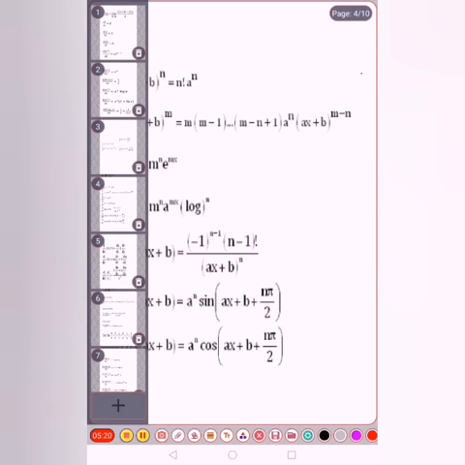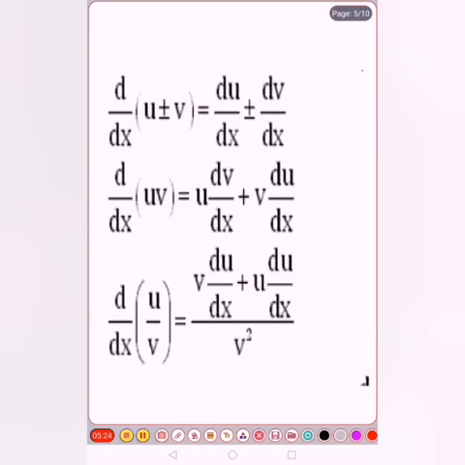We will discuss first the u plus v, u v and u by v rules. Differentiation of u plus or minus v is differentiation of u plus or minus differentiation of v. If u minus v, it is differentiation of u minus differentiation of v. If u plus v, it is differentiation of u plus differentiation of v.